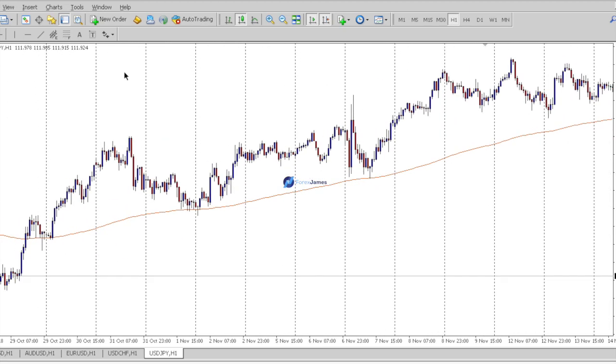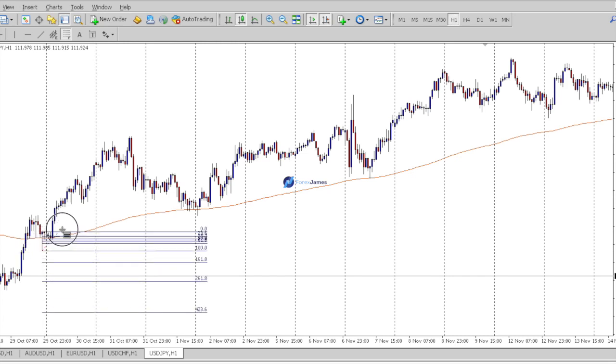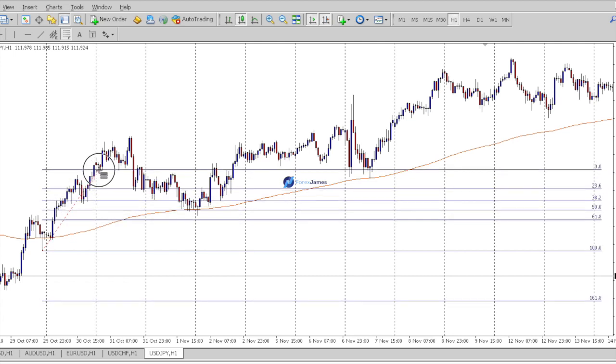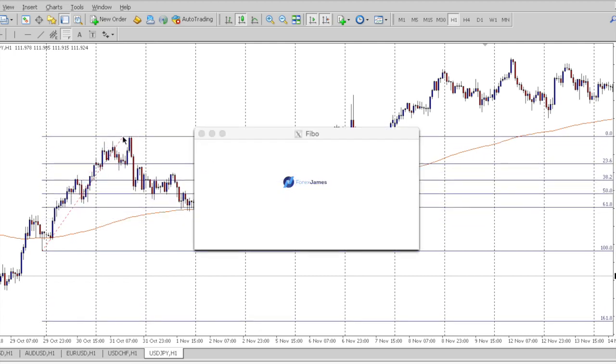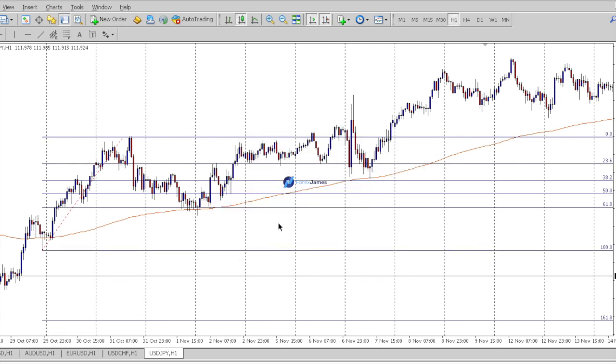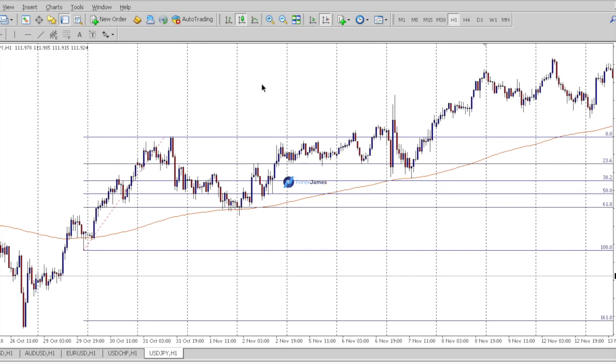So one of the favorite tools that traders use is the Fibonacci retracement. You simply start from the beginning of the swing to the spot where it made a pullback. Okay, as you can see here, it pulled back all the way to the 61.8, the magic Fibonacci number. You may also, there's no right or wrong way to pull your swing from.